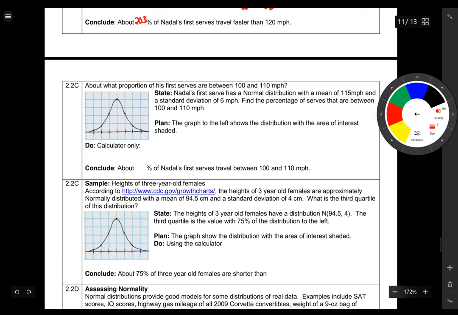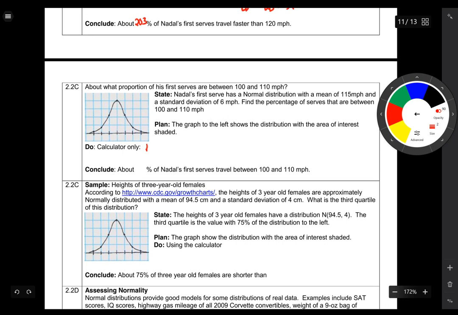We're not going to do the next problem, but you would do it the same way. You would use the lower bound and upper bounds. I'm not going to sketch it, but here's the calculator portion. This is one where it's between two values, and 100 would be the lower bound. The upper bound would be 110.